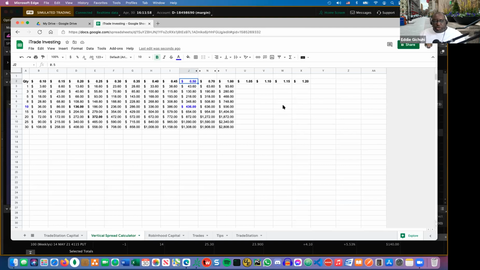Remember, we sold a contract for $1 and we don't want to wait until expiration. We're just going to buy it back from the market and keep 50 cents. Then if I had sold 10 of them, my net profit after they've taken out their commissions and fees would be 436.